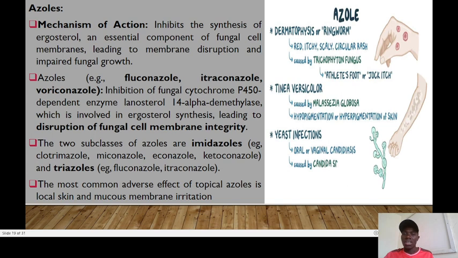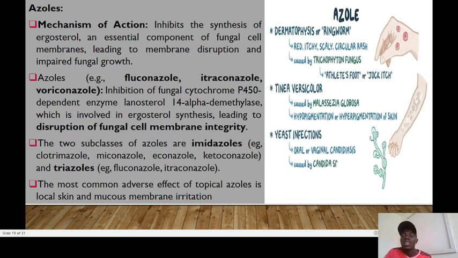All right. Okay. So the second group of the antifungal drugs, after the polyenes, we have the azoles. Mechanism of action of azoles is that they inhibit the synthesis of ergosterol. Ergosterol, we have already said, is an essential component of the fungal cell membrane. So when you inhibit its synthesis, it's going to lead to membrane disruption and impaired fungal growth.